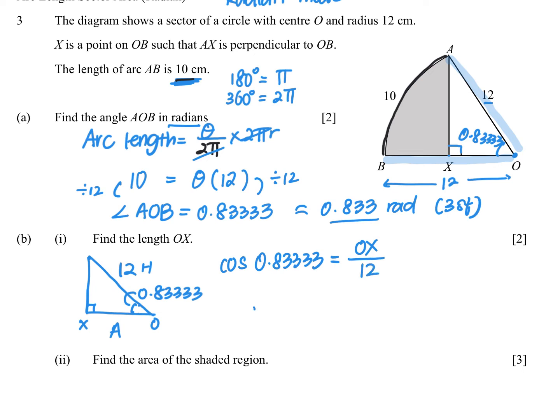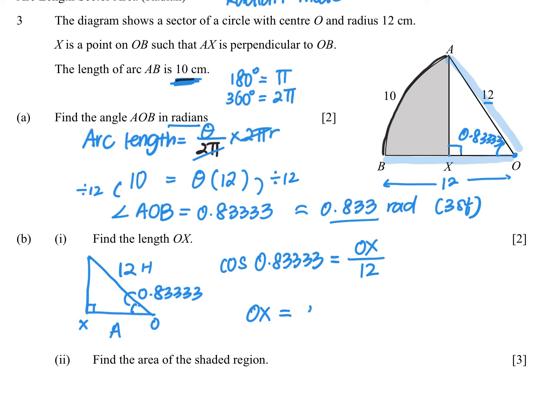Cross multiplying, we get our answer: 12 times cosine of 0.83333. Remember that your calculator must be in radian mode.